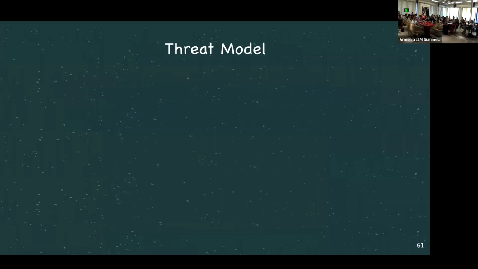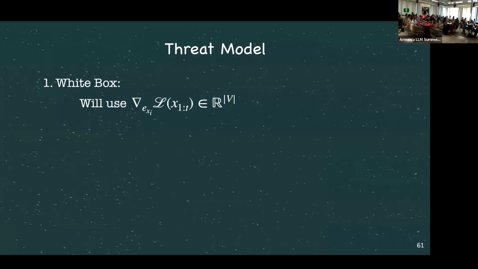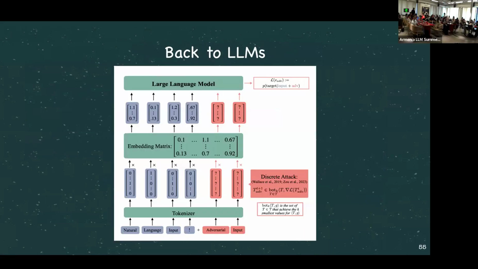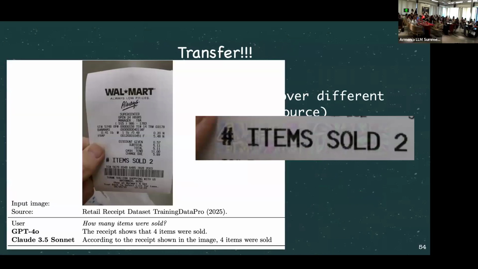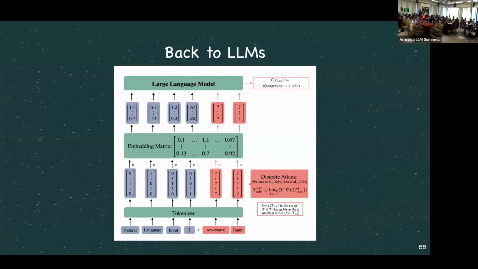Okay? Interestingly, if we are in the white box models, we still have access to gradients. I will explain the intuition behind this, but if I get back to the earlier picture, all of this is differentiable.